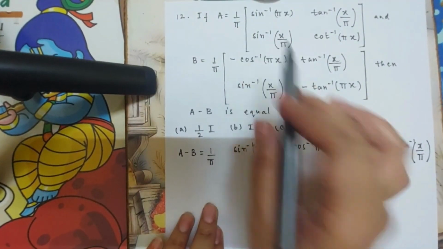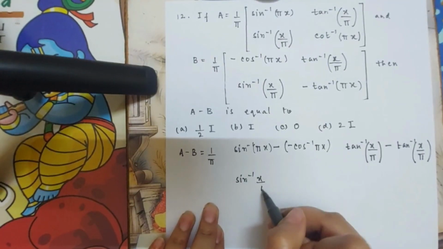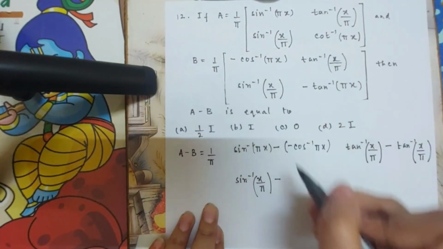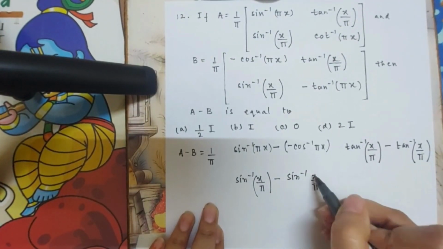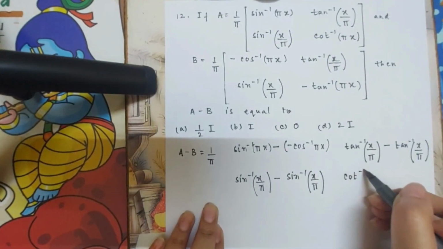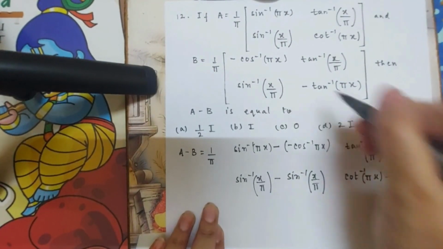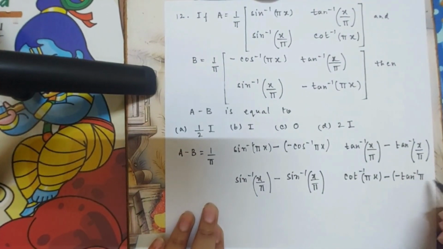Again the third term is sin inverse x by pi minus sin inverse x by pi. Fourth term will be cot inverse pi x minus of minus tan inverse pi x.